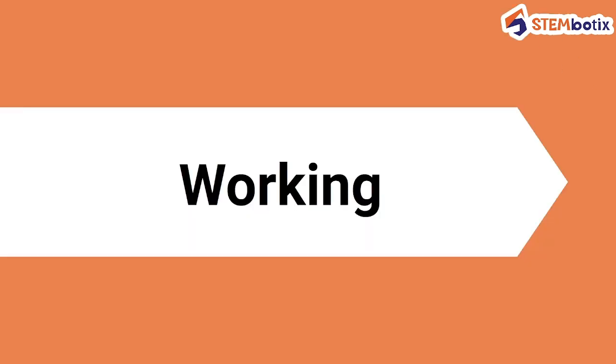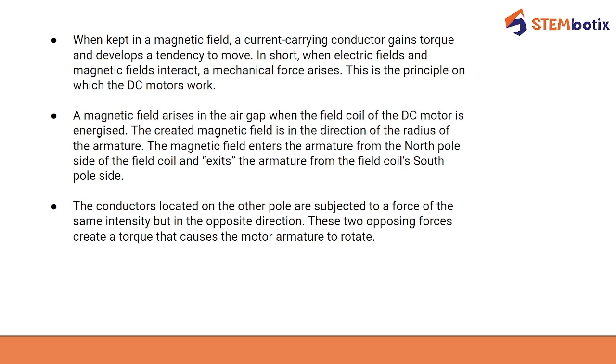So this was about the essential parts of a DC motor. Now let's see how they work. So, first of all, as we have seen, DC motors are rotary devices which rotate. A DC motor is an electric machine which converts electrical energy into mechanical energy.